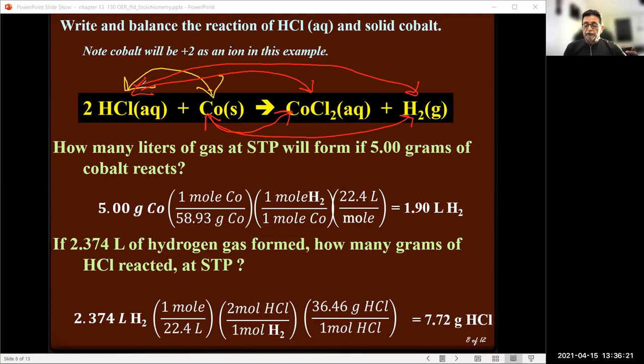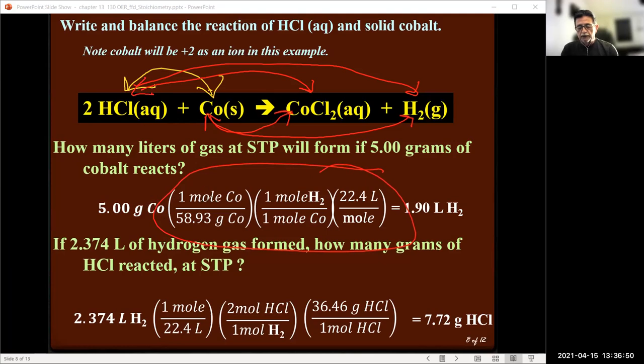The thing to remember is, one, you need a balanced chemical equation, okay? And whatever you're given, you need to be in moles. If you're not given your initial quantity in moles, you need to find a factor that puts it into moles. Normally you end up with 3 conversion factors, as we have written right here.